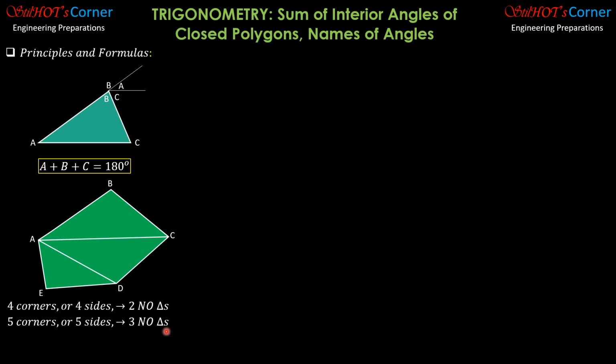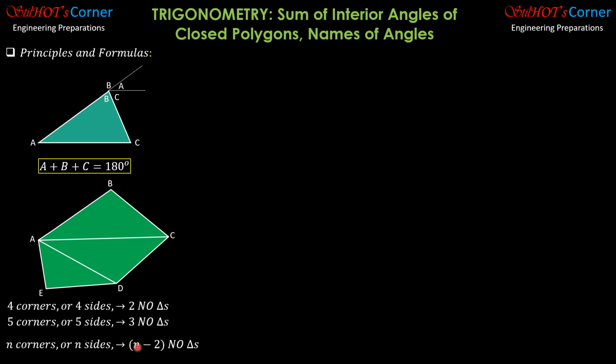Therefore, in general, if there are n corners or n sides, we can draw n minus 2 non-overlapping triangles. So to check, if there are 4 sides, 4 minus 2, 2 non-overlapping triangles. If there are 5 sides, 5 minus 2, 3 non-overlapping triangles. If there are 6 corners or 6 sides, 6 minus 2, 4 non-overlapping triangles.